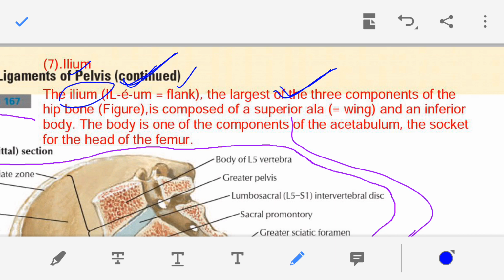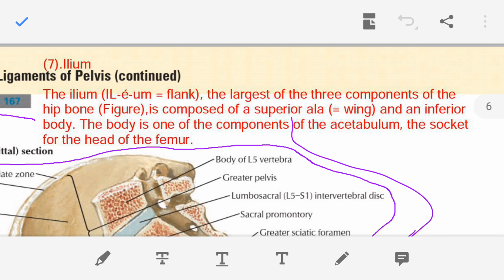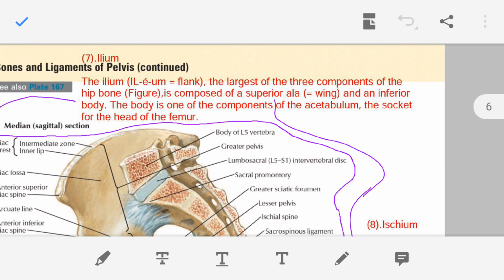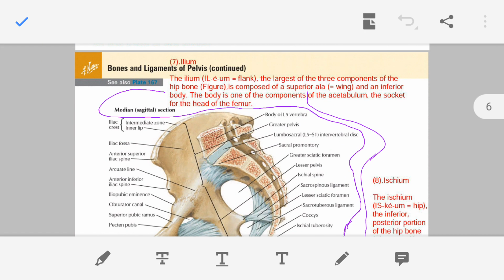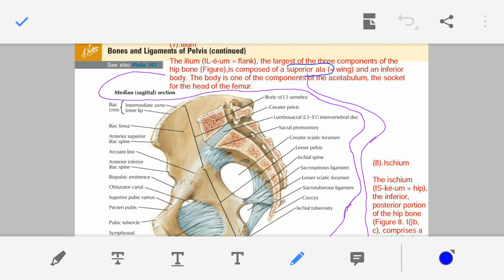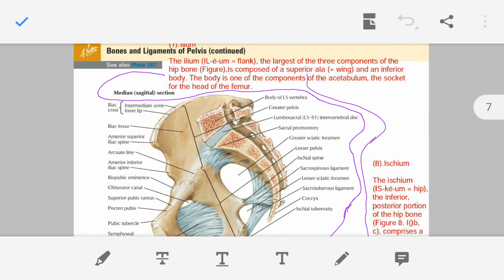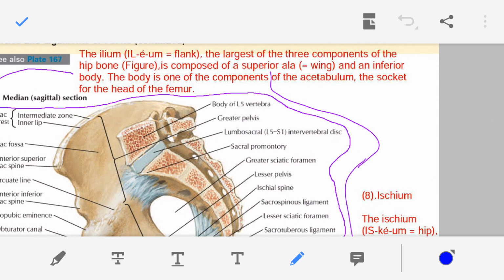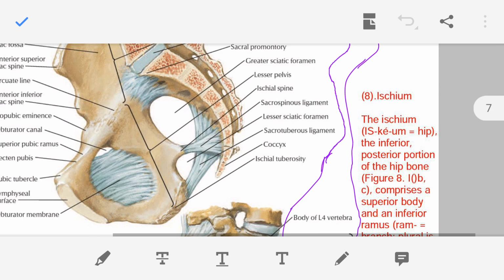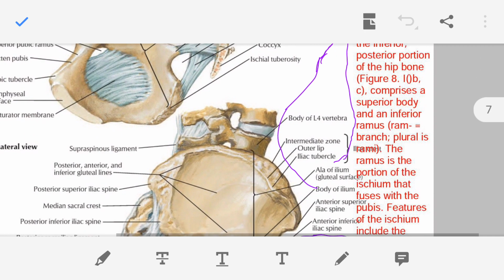And in the ilium, the superior ala is there. Ala means wing. So now we are studying the structure of the ilium, what the ilium is made up of. I am showing you this superior ala, and you follow these purple arrows. For the superior ala, you follow the arrow and where the arrow is going.